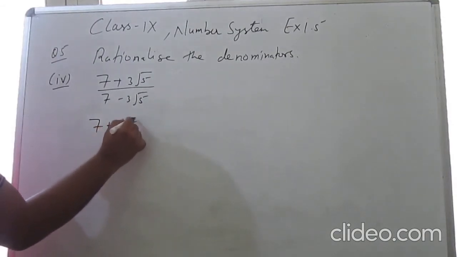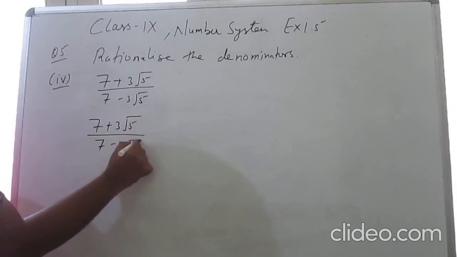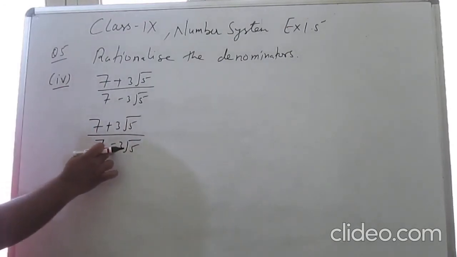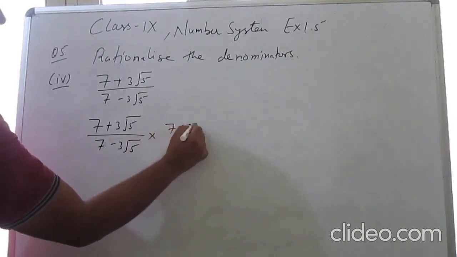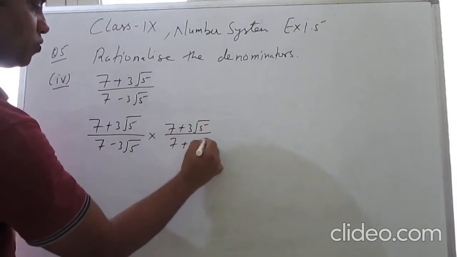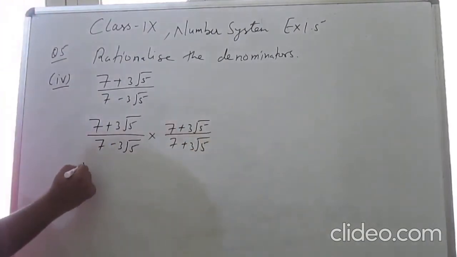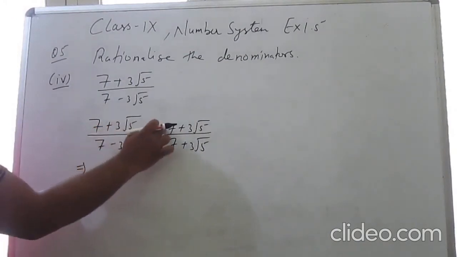You have to change the sign and multiply it with 7 plus 3 root 5 upon 7 plus 3 root 5.